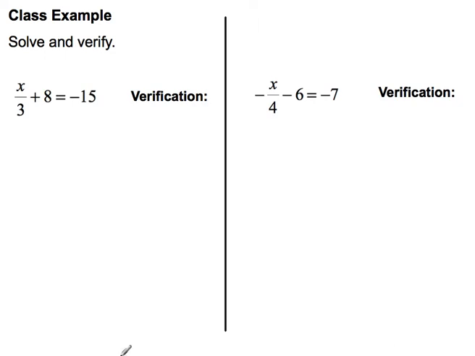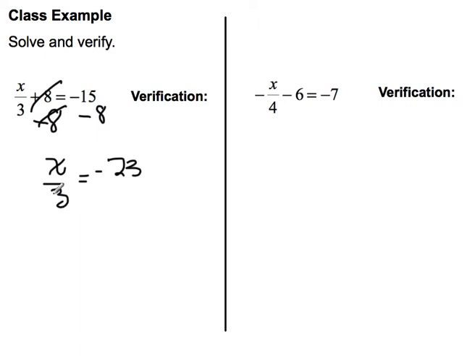Okay, and welcome back. So here we have some number divided by 3 plus 8 is equal to negative 15. Again, we need to zero out that plus 8. We do that by subtracting 8. That's equal to negative 23, I believe.